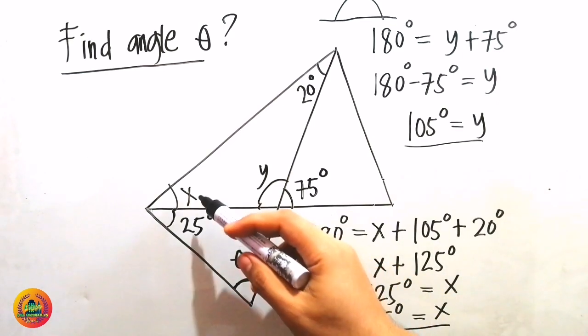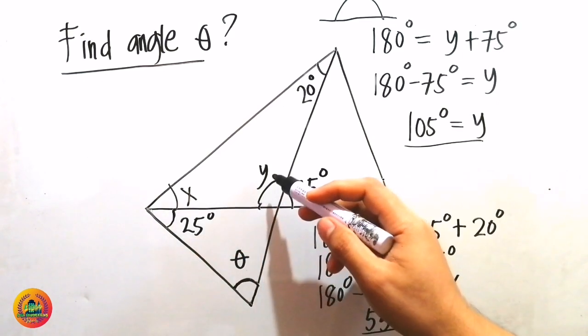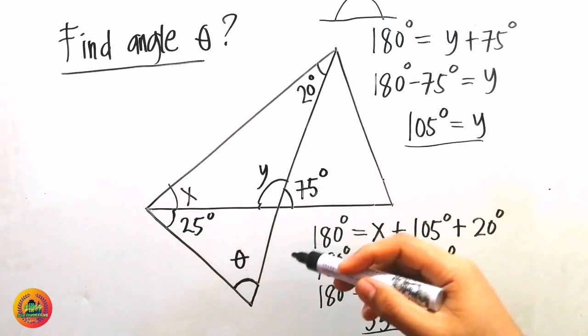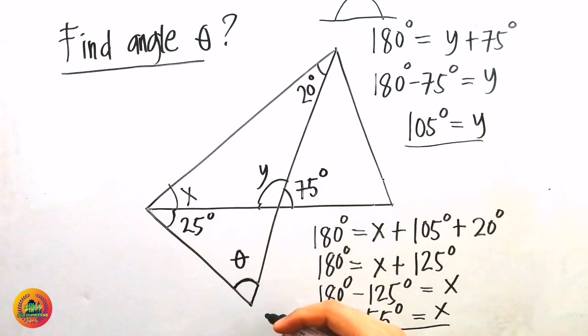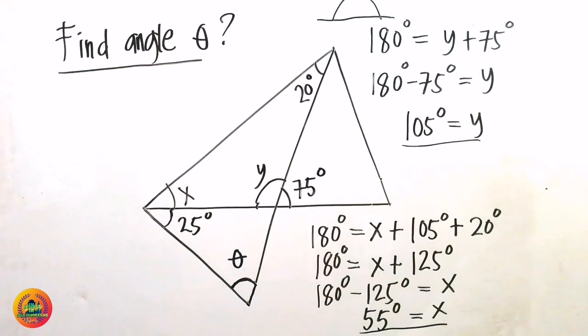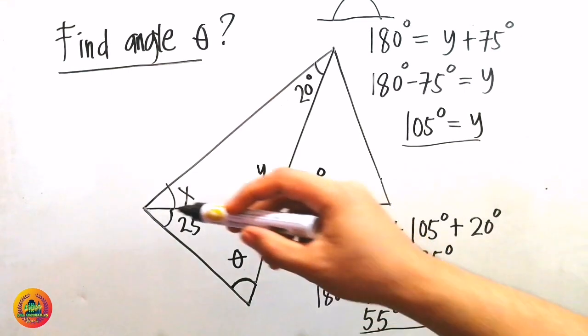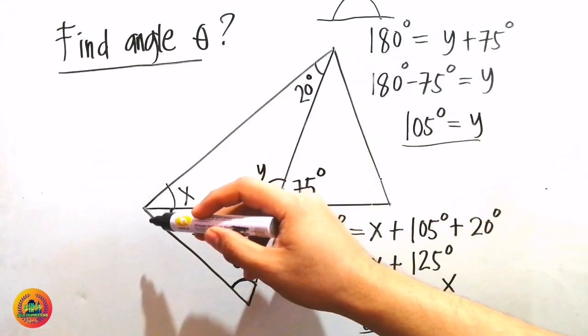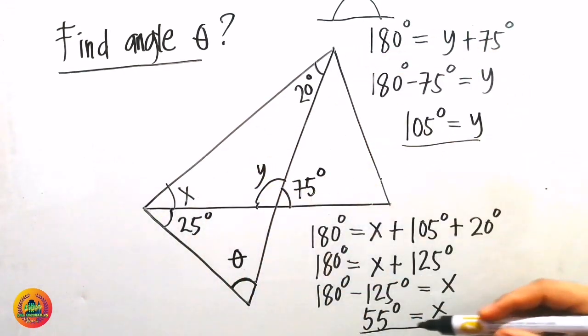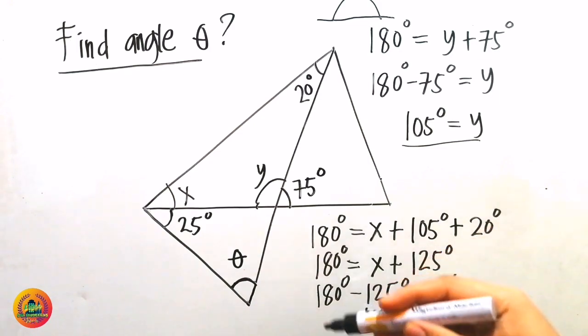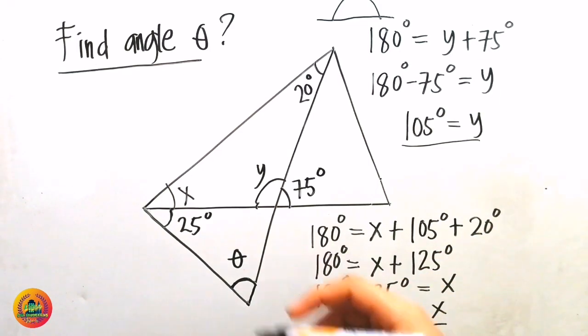Now, since we have the values of x and y, we will now proceed to the angle theta. So we will now solve. Let's focus on this big triangle. We will now use the value of x.